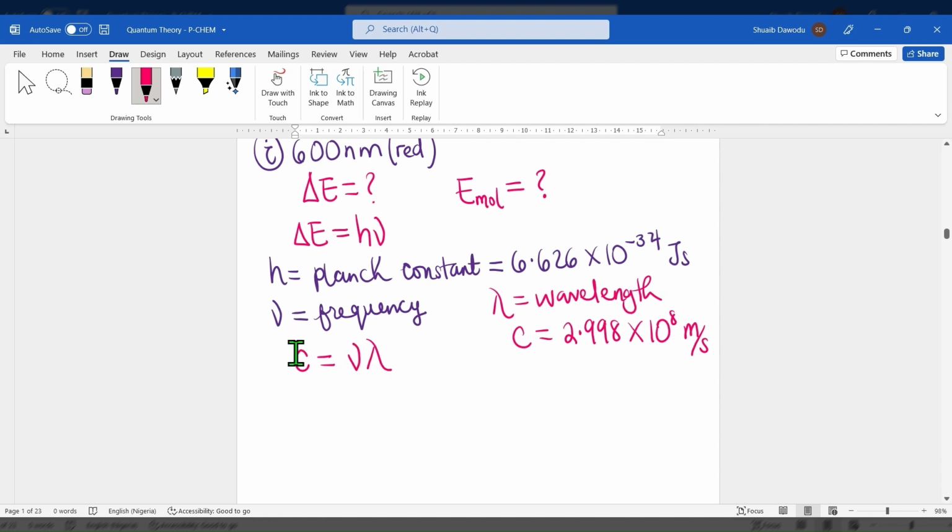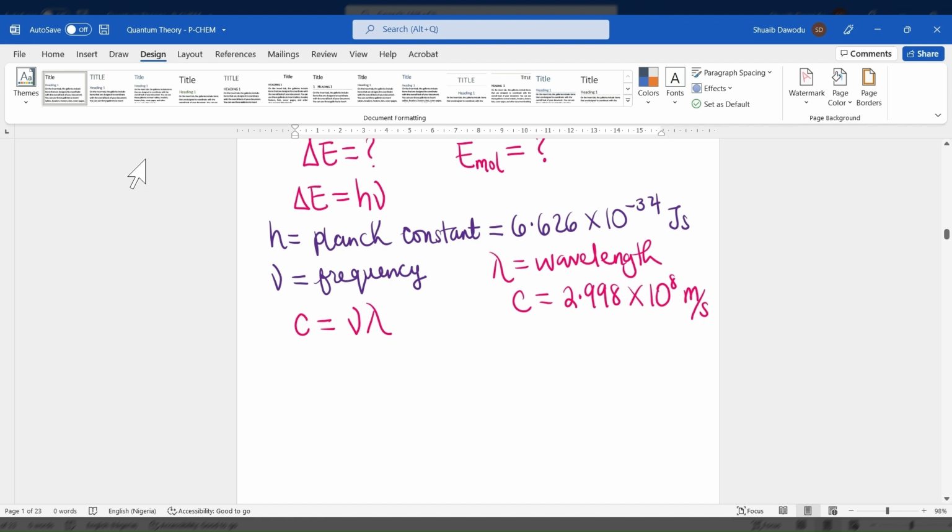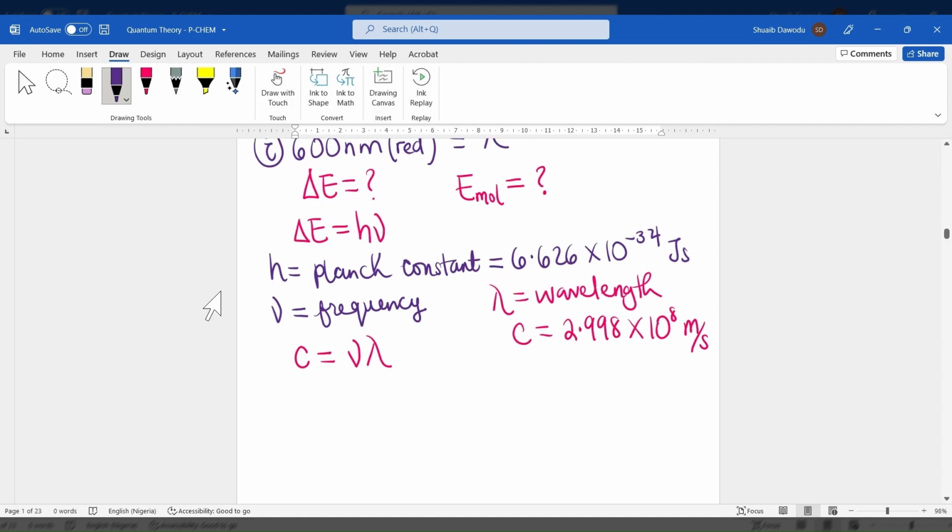So now we have all the information we need to determine the frequency. Let's not forget, we're doing the first question. The wavelength here is 600 nanometer. We can rewrite our formula to look like this: change in E is equal to h nu, so that's h multiplied by frequency.